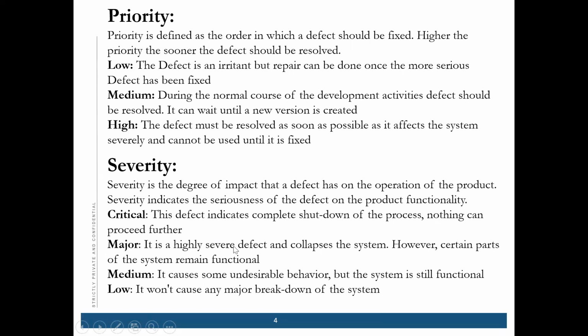Major means it is a high severity defect and collapses the system, however certain parts of the system are still functional. Next is medium. That means it causes some undesirable behavior, but the system is still functional. And low means it won't be any major problem in the application.